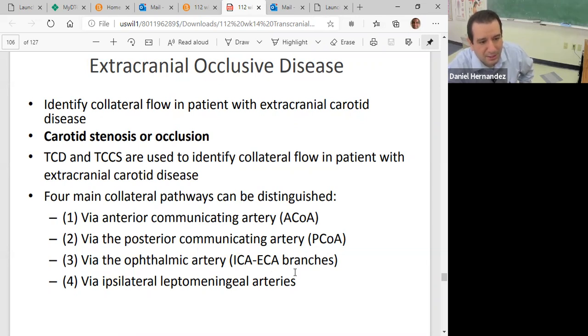Our branches of the ECA will connect with the ophthalmic artery and provide a collateral pathway in patients with severe occlusive disease or severe stenosis of the extracranial ICAs, as well as via the ipsilateral leptomeningeal arteries.